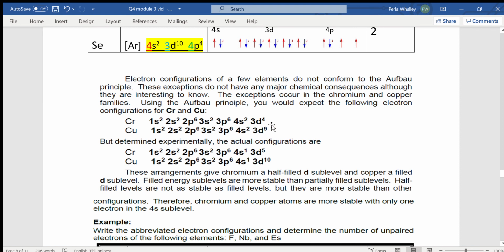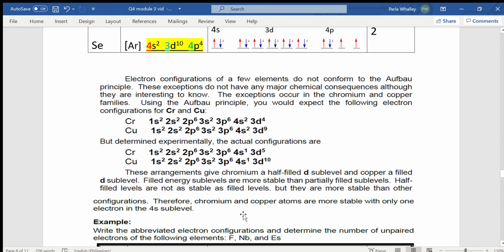4s2 3d4, 4s2 3d9. But determined experimentally, the actual configurations are, okay, instead of 4s2, it becomes 4s1, 4s1, 3d5, 3d10. So the one electron here is transferred to this one here.